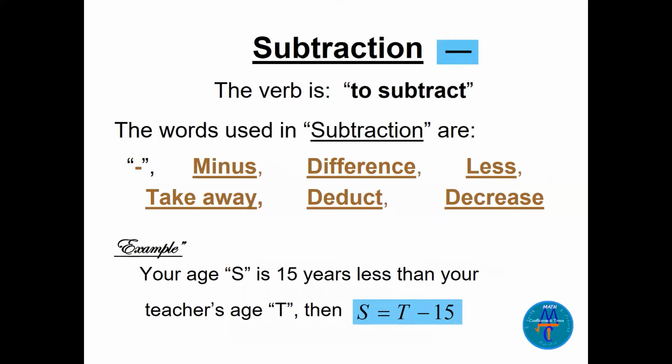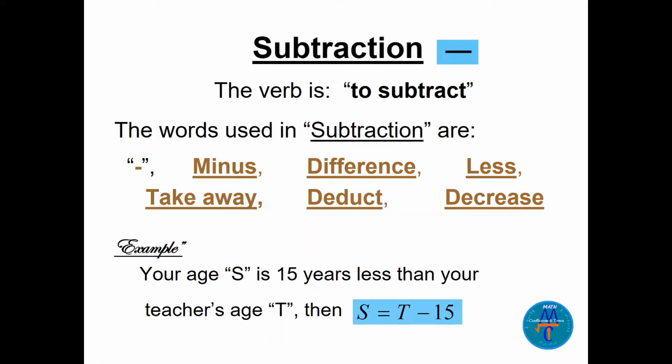Let's see, subtraction. Subtraction is the minus. So the verb is to subtract. So the words used in subtraction are minus, the difference, less, take away, deduct, decrease. Let's look at one example here. Suppose your age is S, like student, we can just use the word student here.